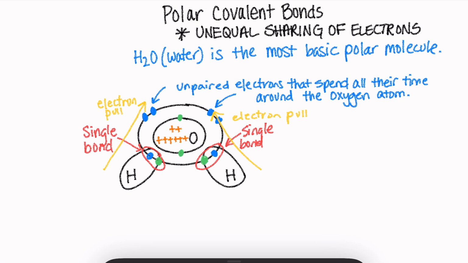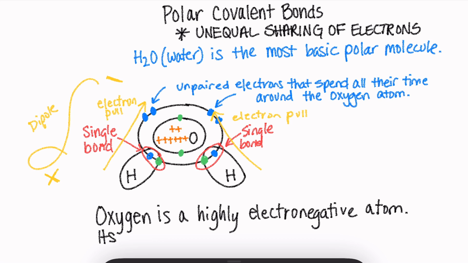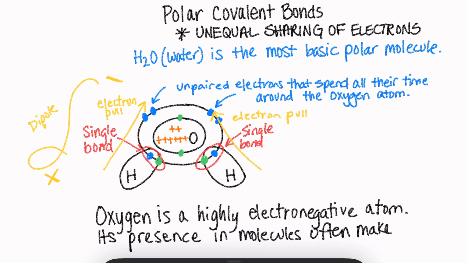So we call this a dipole, and we draw it like this. Put a negative right here and a positive like that. I know that's funny looking. This is called a dipole. Oxygen is a highly electronegative atom. Its presence in molecules often makes them polar.